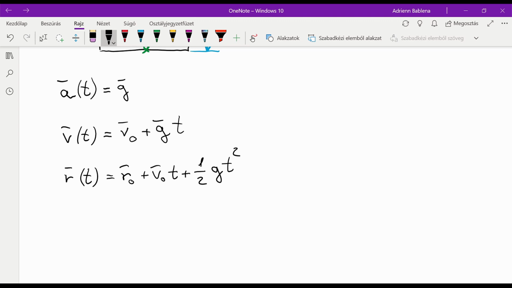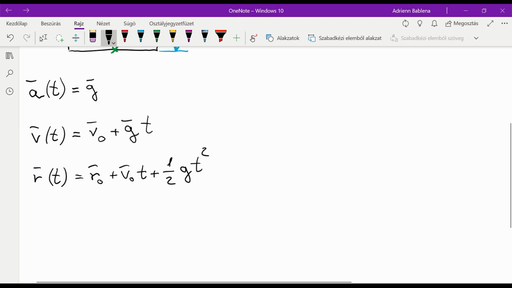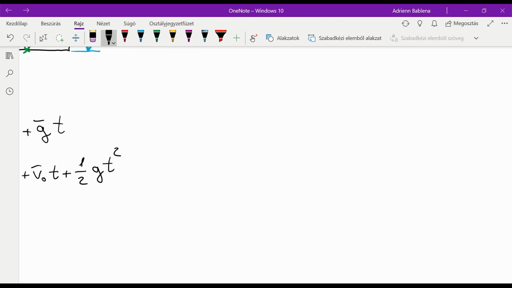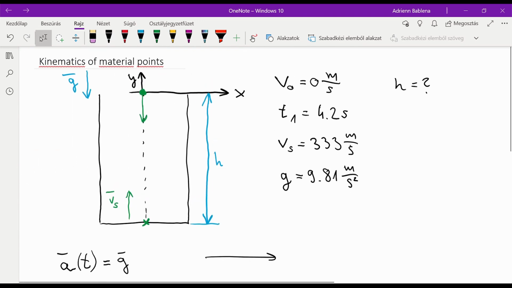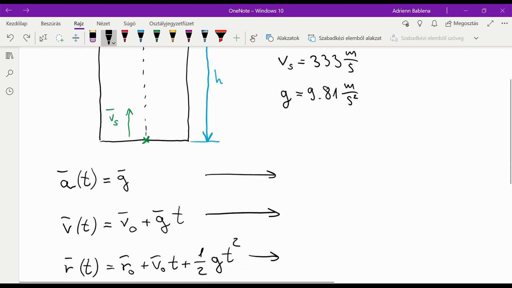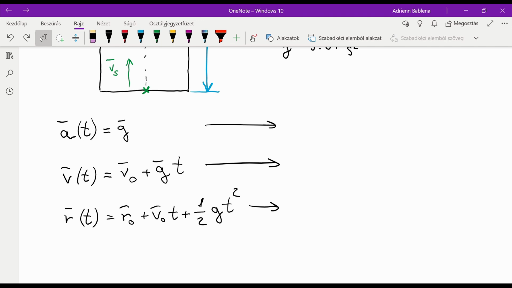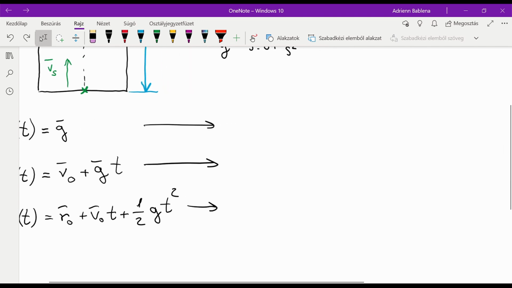Now, first part of our exercise. You can see we have a vertical movement. The stone has a vertical movement and the sound also has a vertical movement, so we need only the y coordinate of our parameters, ay, vy, and ry, which can be only y.